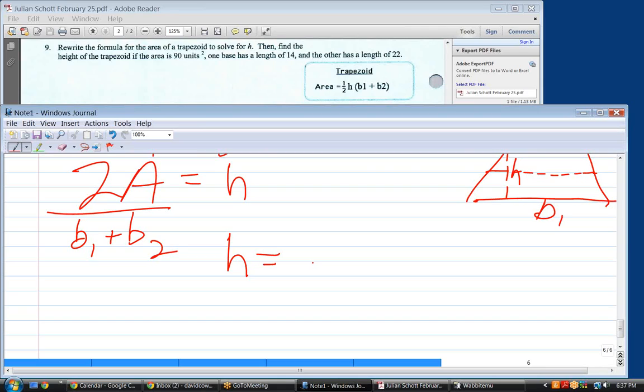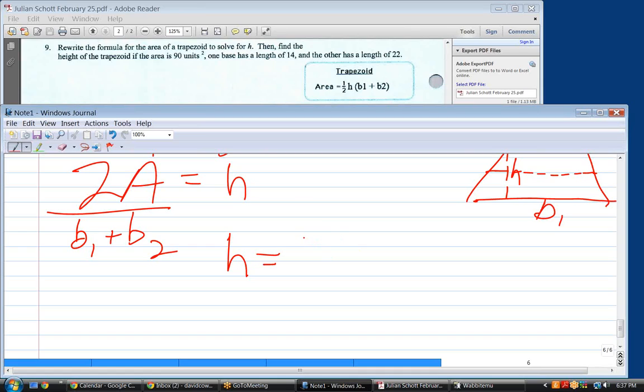So how do you know which base is which? Doesn't matter, because I need both of them. In other words, 14 plus 22 is going to be the same as 22 plus 14. So it doesn't matter. But tell me what else I need to write here.